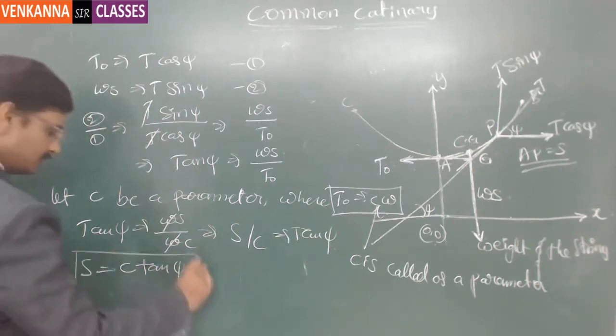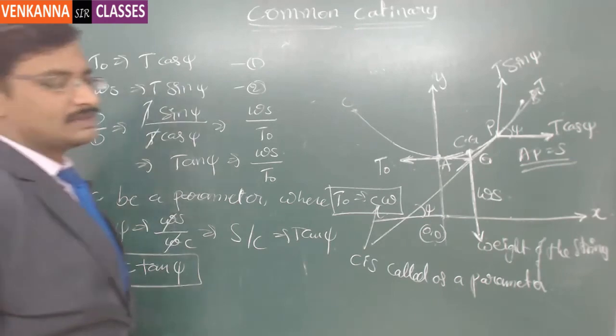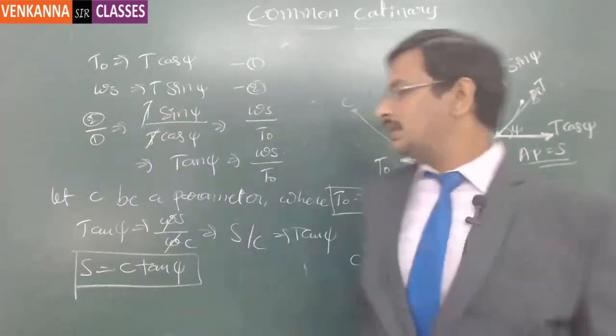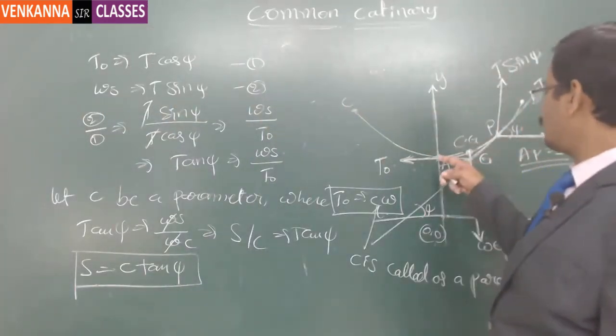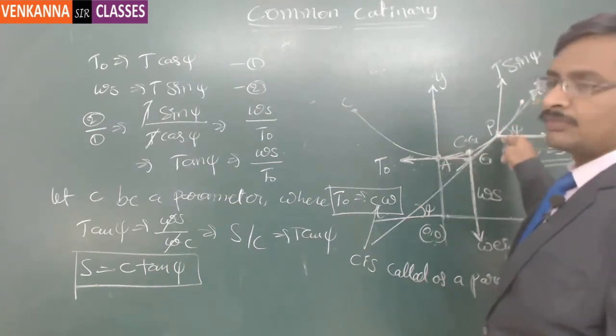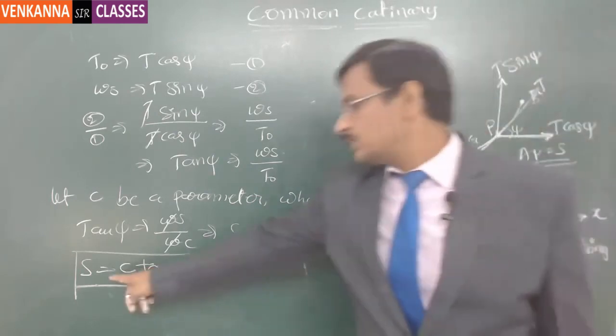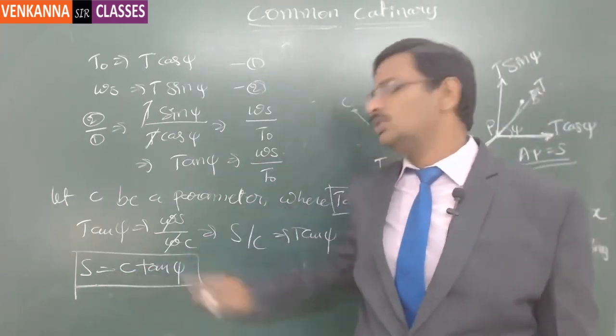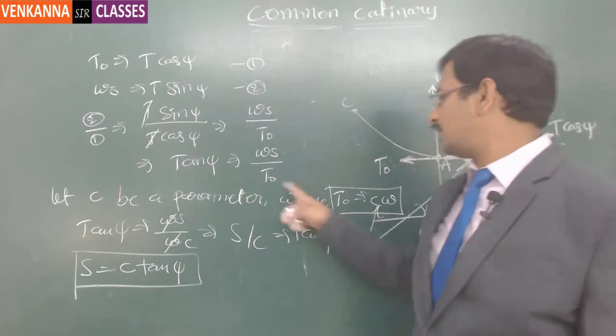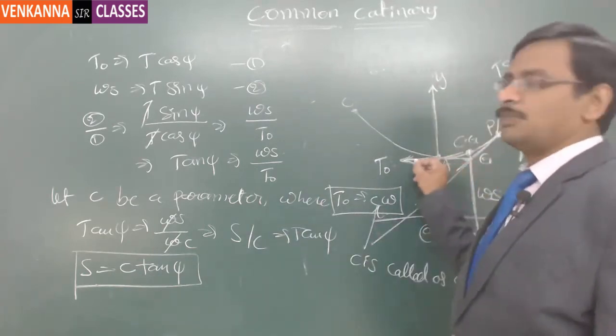Now if you notice, this is a very simple equation: S is equal to C tan psi. If you want to find the length of the string with respect to the angle psi, you can easily calculate S as C into tan psi, where C is defined by the horizontal tension at this particular point.